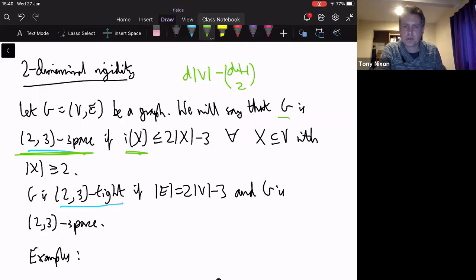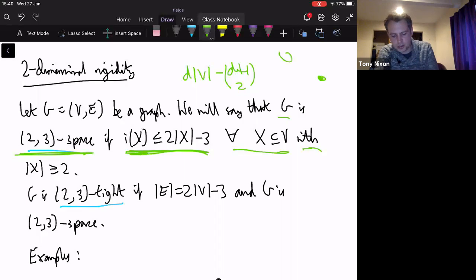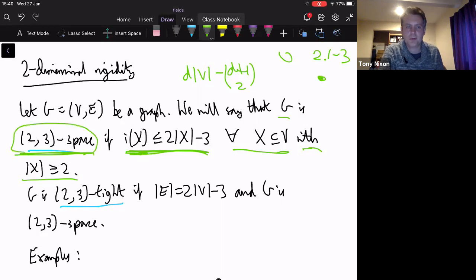Remember, I(X) was the number of edges in the subgraph induced by X. So you take any subset of the vertex set, and your graph is 2-Frees sparse if for all possible choices of X, you have at most 2|X| minus 3, except that there's one exception. If you have a single vertex, then obviously it has 0 edges, but 2 times 1 minus 3 is negative, so you don't worry about that. So you only check all subsets with at least 2 vertices. Okay. So you're 2-Frees sparse if you always satisfy this inequality.